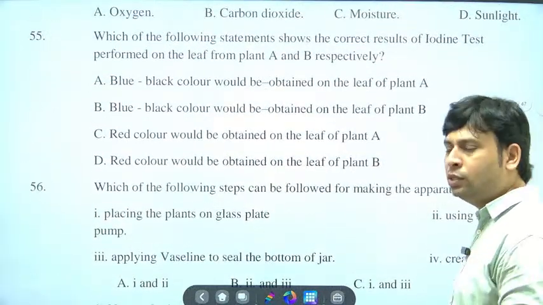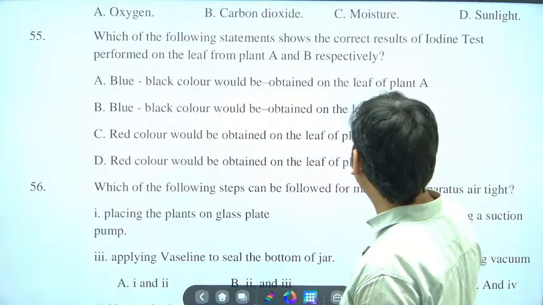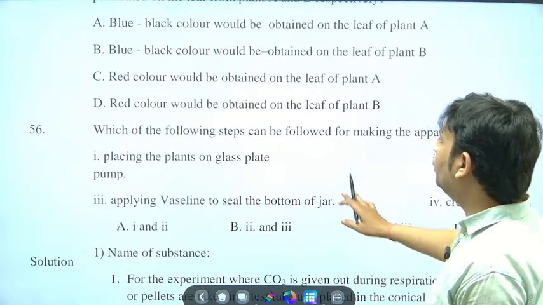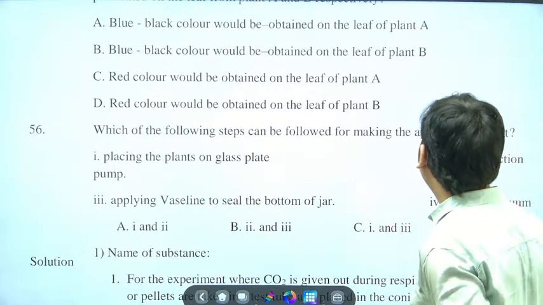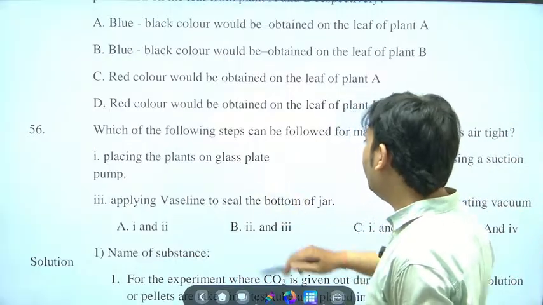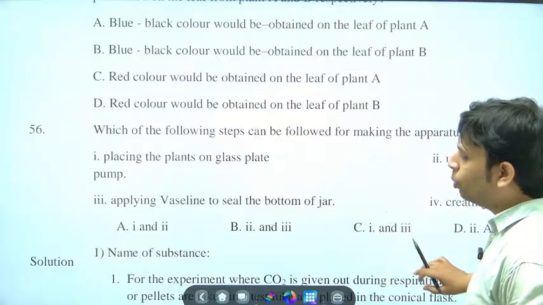Here, if we do the iodine test, then a blue-black color would be obtained on the leaf of plant B. Which of the following steps can be followed for making the apparatus airtight? That is placing the plant on a glass plate, and third, applying Vaseline to seal the bottom of the jar.